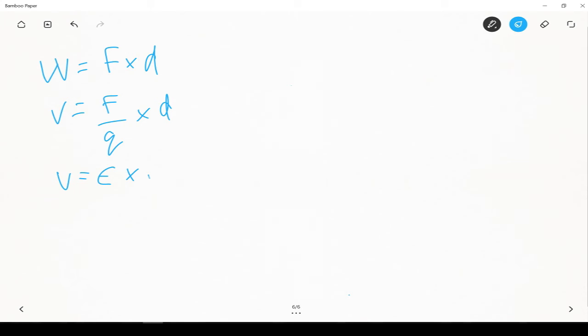The distance is just going to be R. So what you have then is just V is equal to KQ over R squared times R. So V is KQ over R. All of a sudden, it looks pretty easy. Okay, so that's the easier way to look at it as well. And you may prefer that way to the other way.